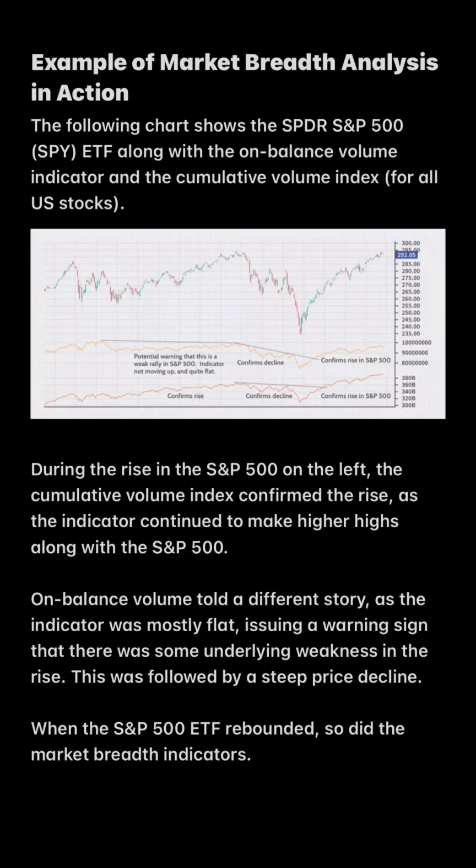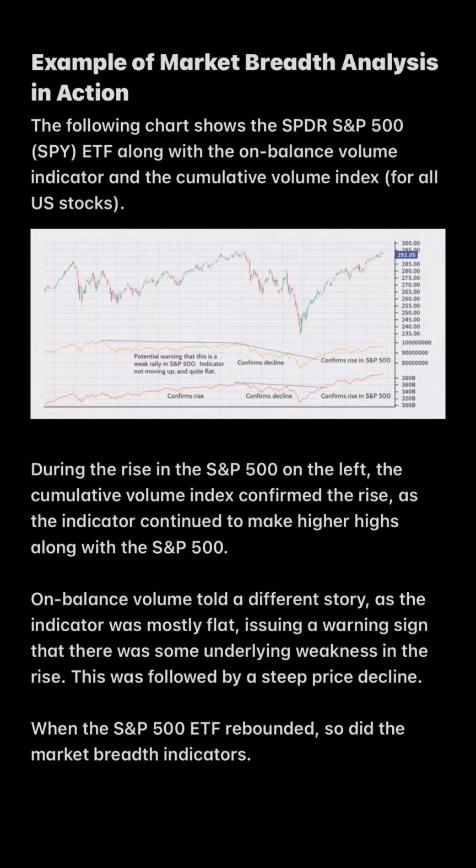So let's go over an example of market breadth analysis in action. The following chart shows the S&P along with the OBV indicator and a cumulative volume index for all U.S. stocks. During the rise in the S&P on the left, the cumulative volume index confirmed a rise as the indicator continued to make higher highs along with the S&P 500.